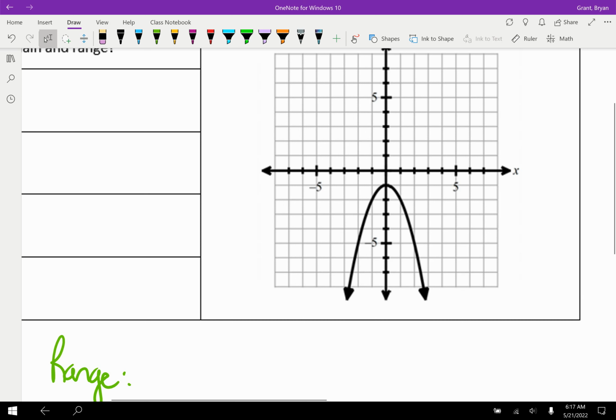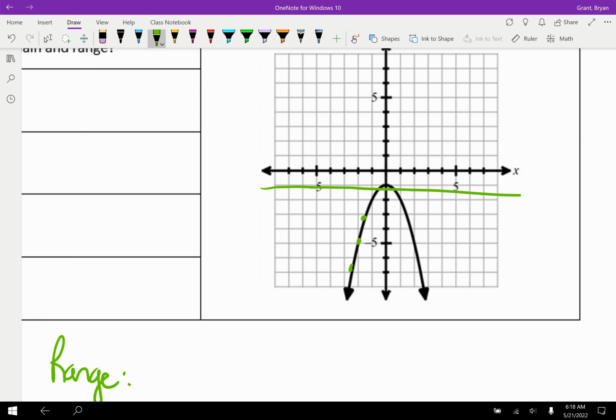Well, if you look up here, we're going to start on the y-axis. A y of 5 never occurs on my parabola, right? There's never a point on here that has a y value of 5, because that would have to be way up above the x-axis. And so we know that 5 is not part of our range, nor is 4, nor 3, nor 2, nor 1, nor 0. Oh, but wait.